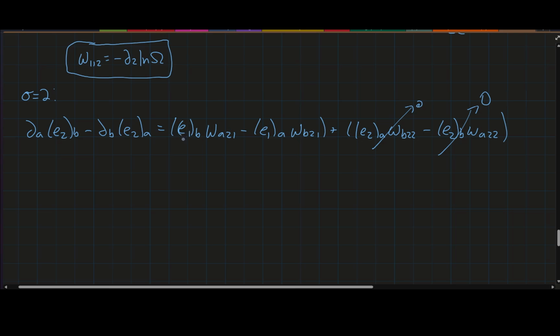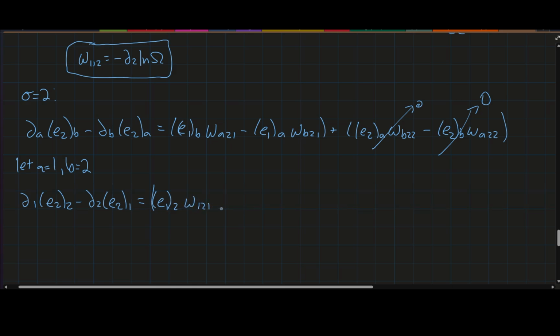And now we can set A and B how we like. We're going to just do it the same as last time. So let A equals 1, B equals 2. And we rewrite. So del 1 E2 2 minus del 2 E2 1 equals E1 2. Let's put a big bracket here.